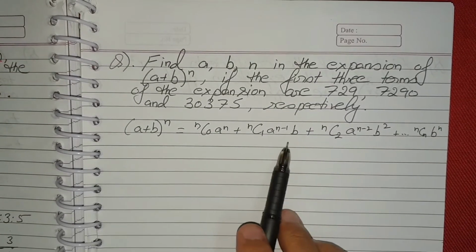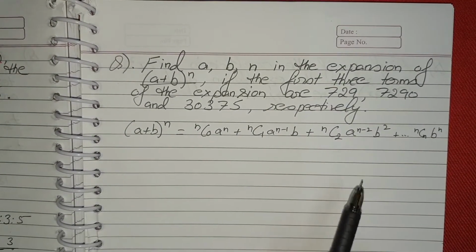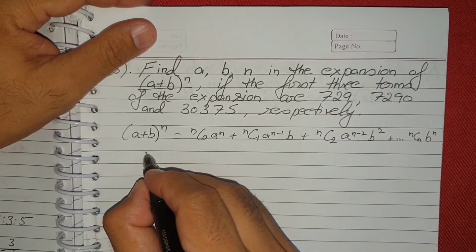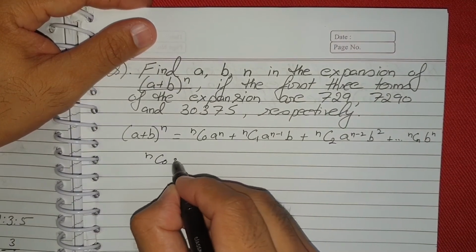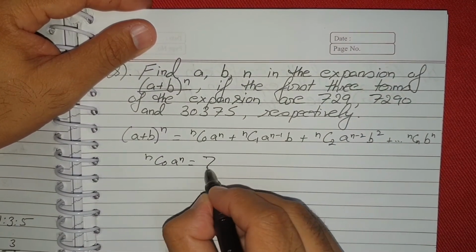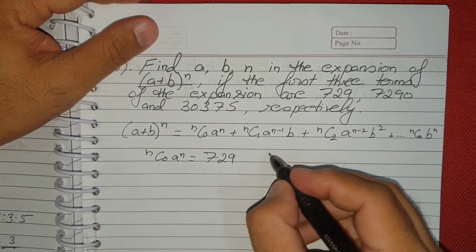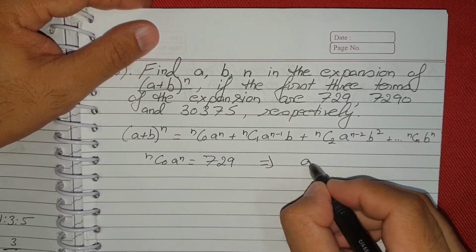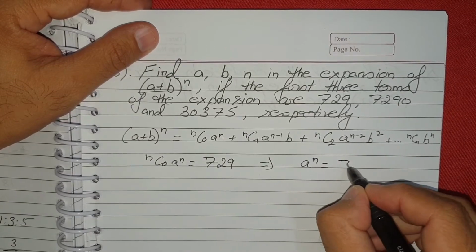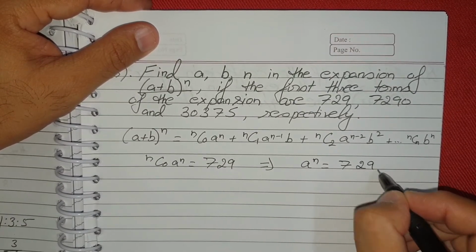We have to get the first three terms. Now given that nC0 a^n is how much? 729. We know that nC0 is 1, so this implies a to the power n is 729.